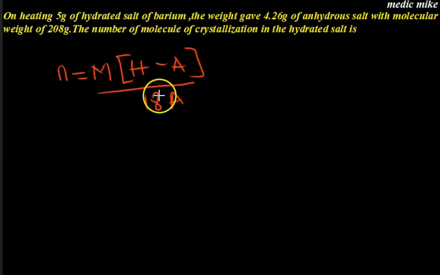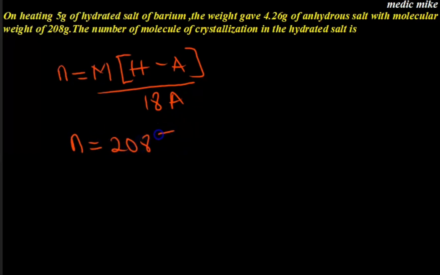Now you can take a pause to this video and try if you can input these figures in and get your answer straight up. So if you have done that, let's do it together. Now N is equal to M. Now we are given the molecular weight, which is same thing as our molar mass, M. So it is 208.